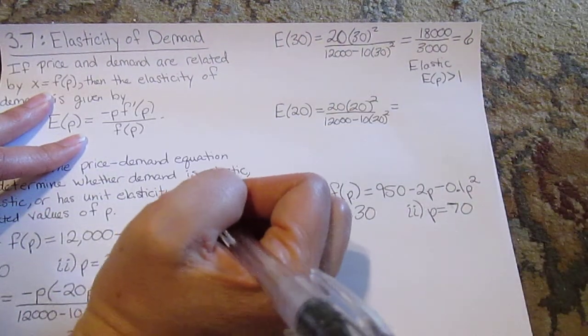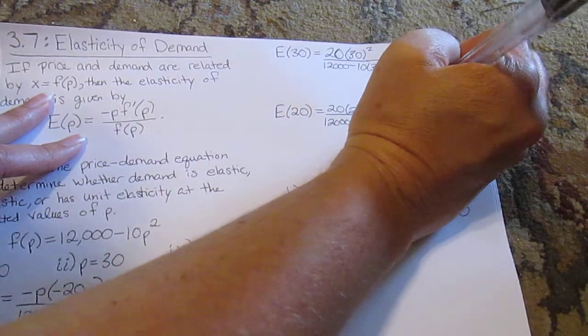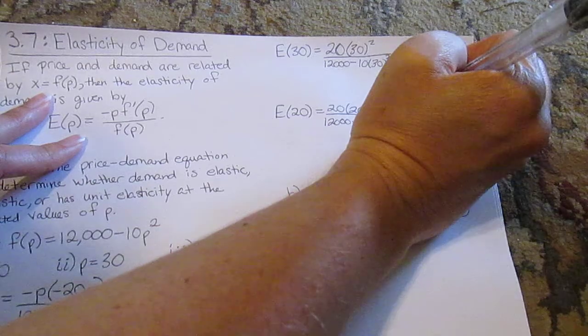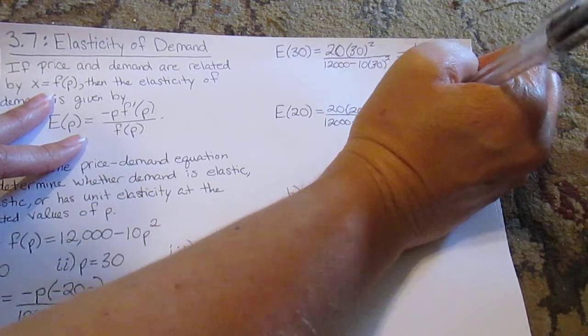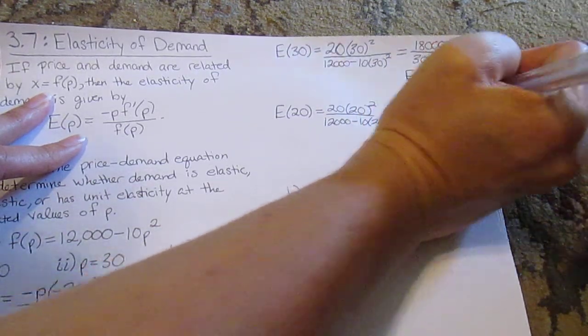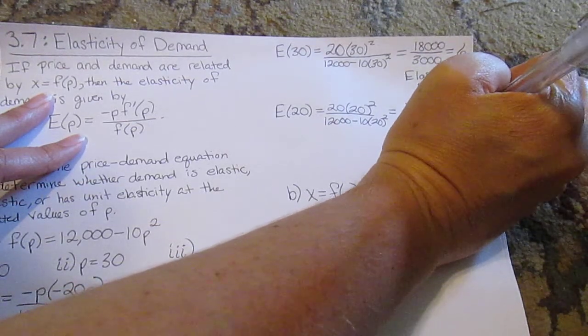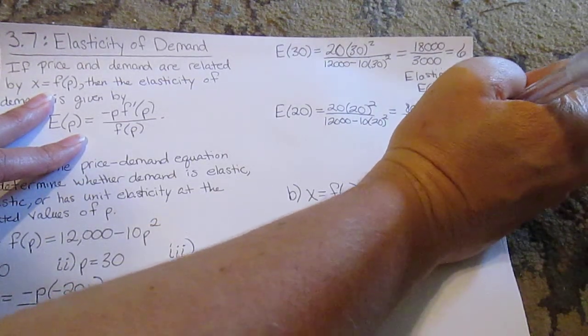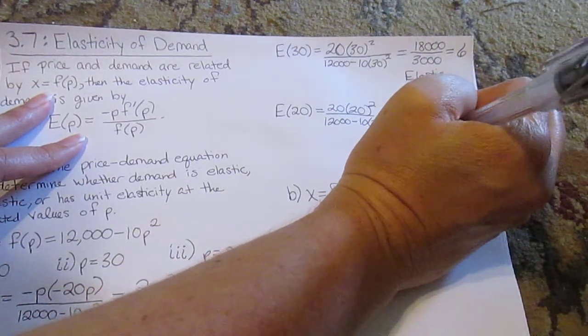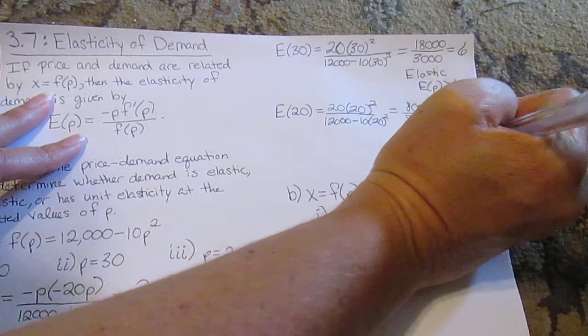And when I did that one, I got 8,000 over 8,000, which of course gives me 1. And that one's an example of unit, when E of p equals 1.